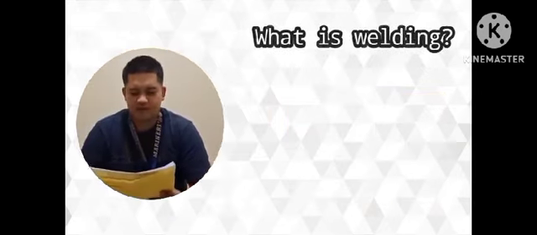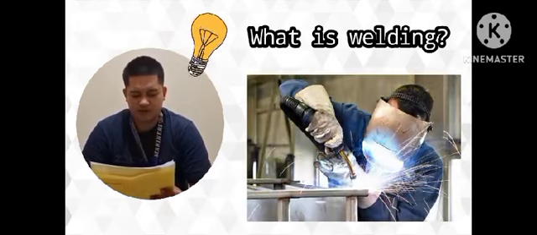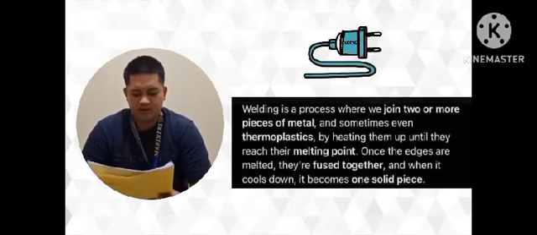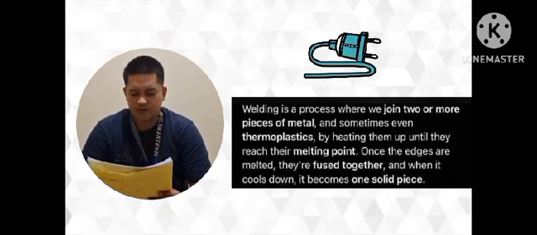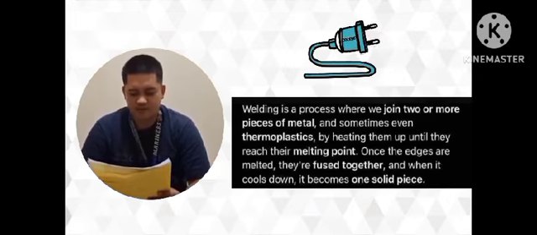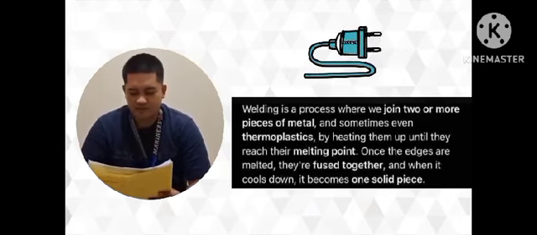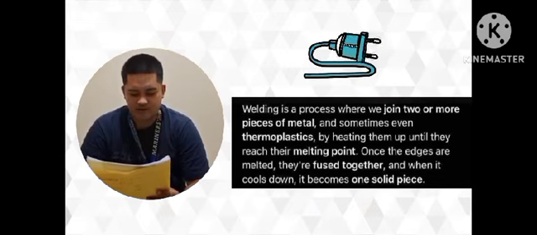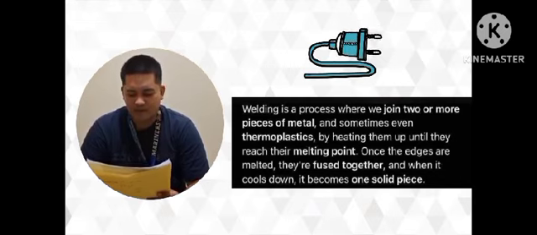First of all, let's talk about what welding actually is. Welding is a process where we join two or more pieces of metal, and sometimes even thermoplastics, by heating them up until they reach their melting point.